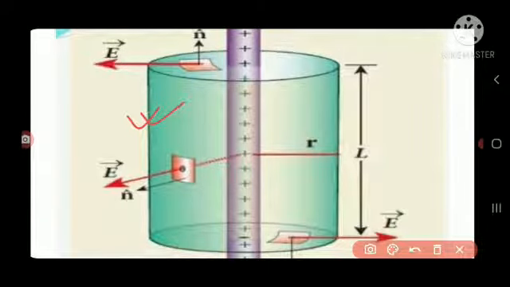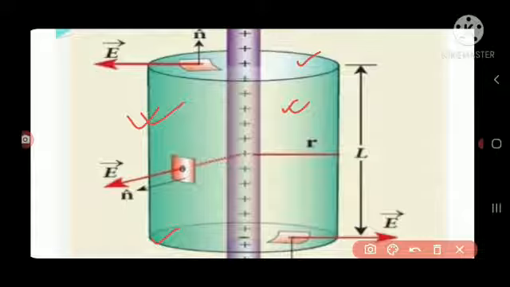You see this Gaussian cylinder having the length L, and there are three surfaces. One is the upper circular surface, the lower circular surface, and this one is the curved surface. So three surfaces are there.